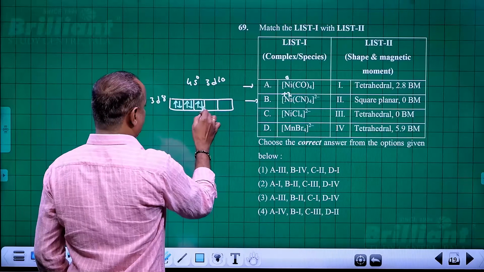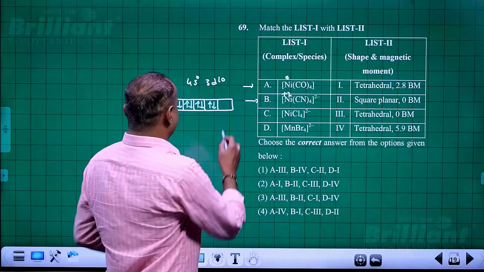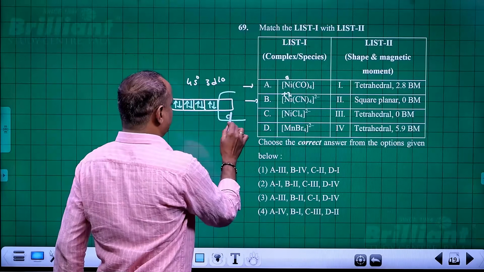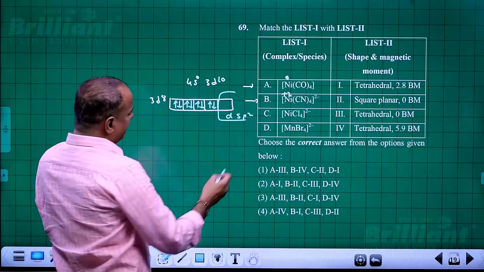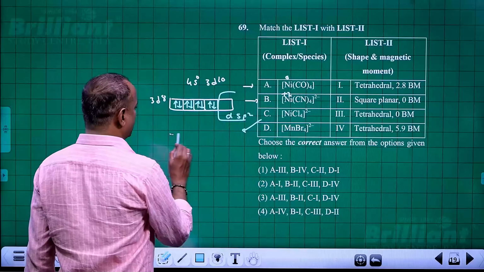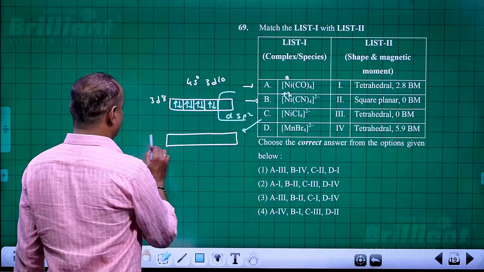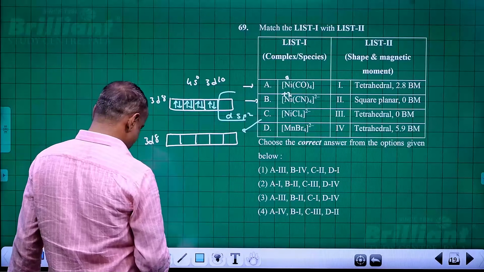Pairing in the same energy level, that's called the Hund effect. dsp2 hybridization. Nickel chloride, weak ligand, normal only, no pairing. Same 3d8, no pairing for nickel chloride.